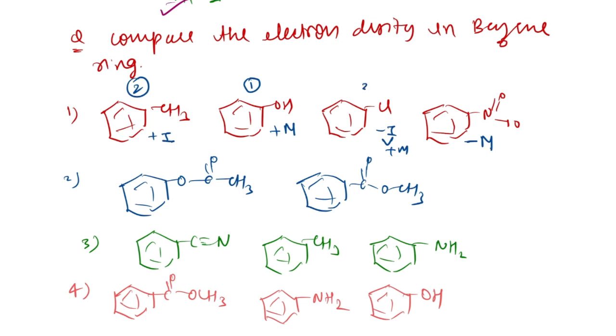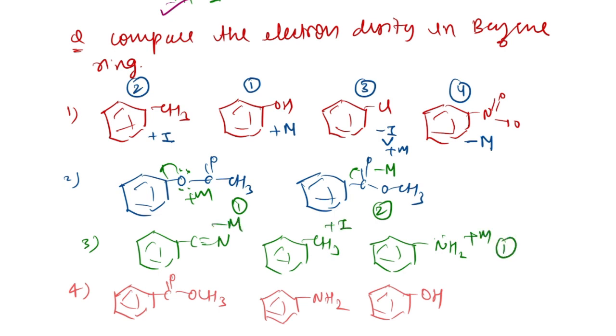Then it is fourth. Now in these two, one is showing plus M and one is showing minus M. So plus M is dominating, so it has more electron density. NH2 has plus M, CH3 has plus I, cyanide has minus M. So first it is increasing, then it is lesser, and cyanide is a withdrawing effect.